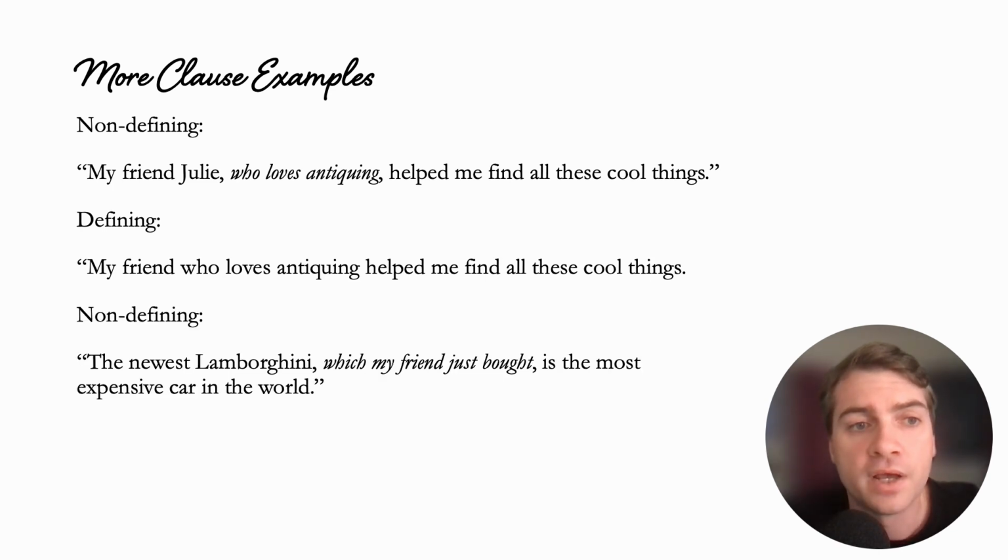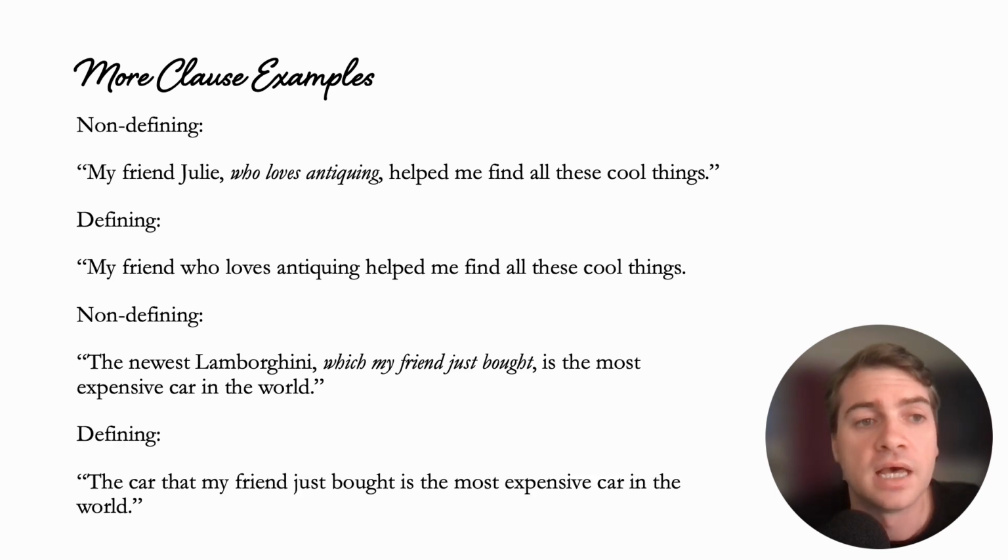Next example, non-defining, "The newest Lamborghini, which my friend just bought, by the way, is the most expensive car in the world." A defining clause would be, "The car my friend just bought is the most expensive car in the world." Okay, so again, here we're defining the subject as the car that my friend just bought. All right, we're not adding extra information, we're actually changing the subject of the sentence.